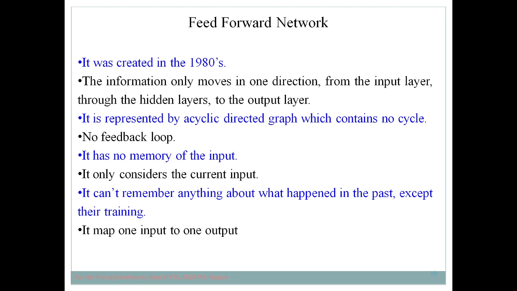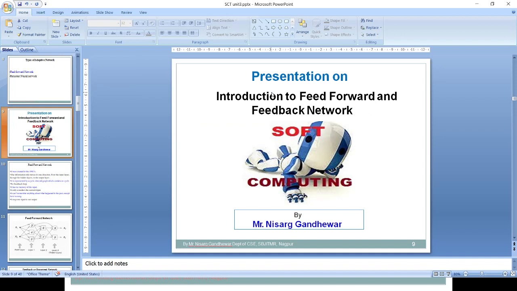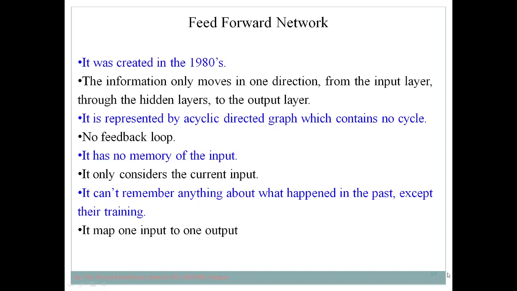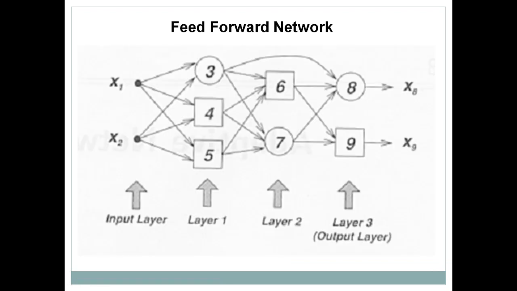Whatever current input you provide, it will process it and give the output, but there is no specific memory where it can store an intermediate output, so that this output can be used in another layer. The output generated by one node cannot be used directly as an input in another, because there is no specific memory available. So that is the main problem with a feed forward network, and it maps one input to one output. So this is the overall structure of a feed forward network.